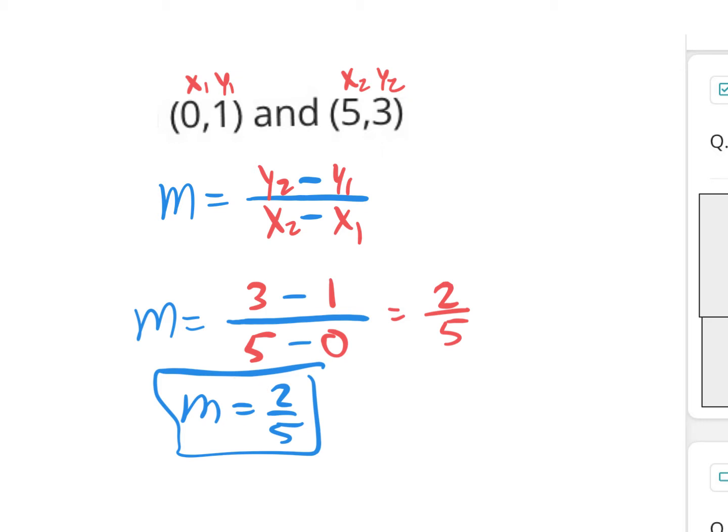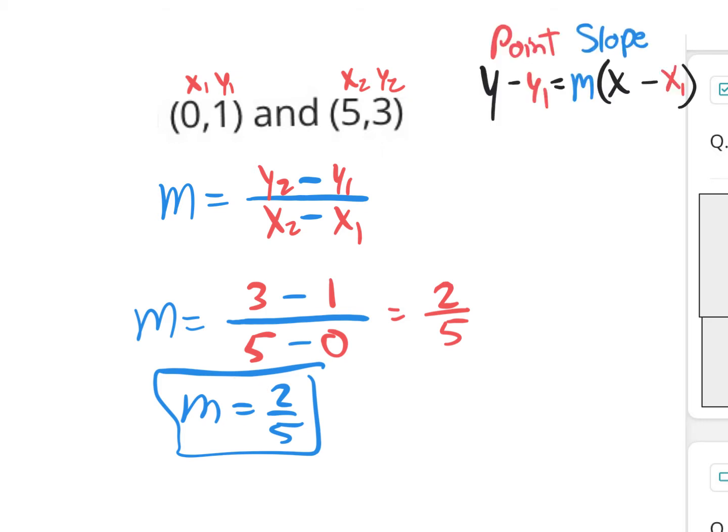After all, the point slope form is y minus y1 equals m parenthesis x minus x1. I do apologize, I did say point slope formula. It's not a formula, it's the form, point slope form. And when we use this form, I recommend rewriting it with blank spots. Y minus blank spot instead of y1 equals blank spot, parenthesis x minus blank spot.